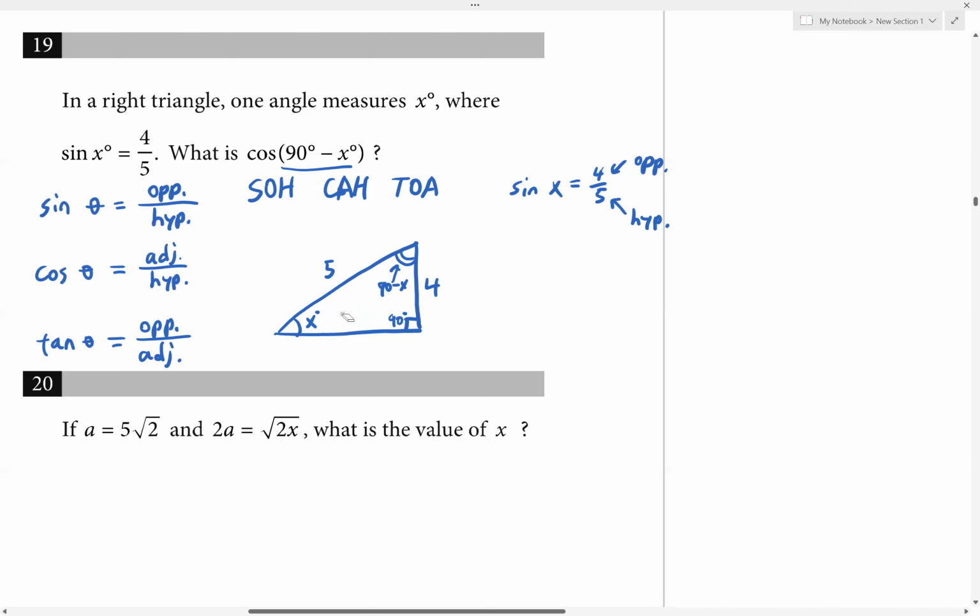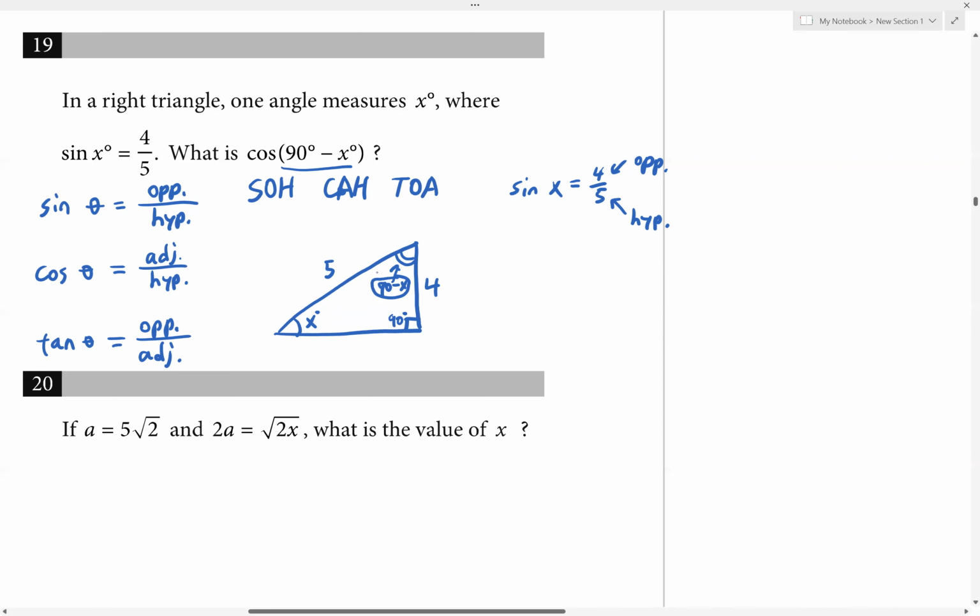So let's focus on this angle, the 90 minus x. We're looking for the cosine of this angle. Now we're switching angles, so the opposite and adjacent will also be different.